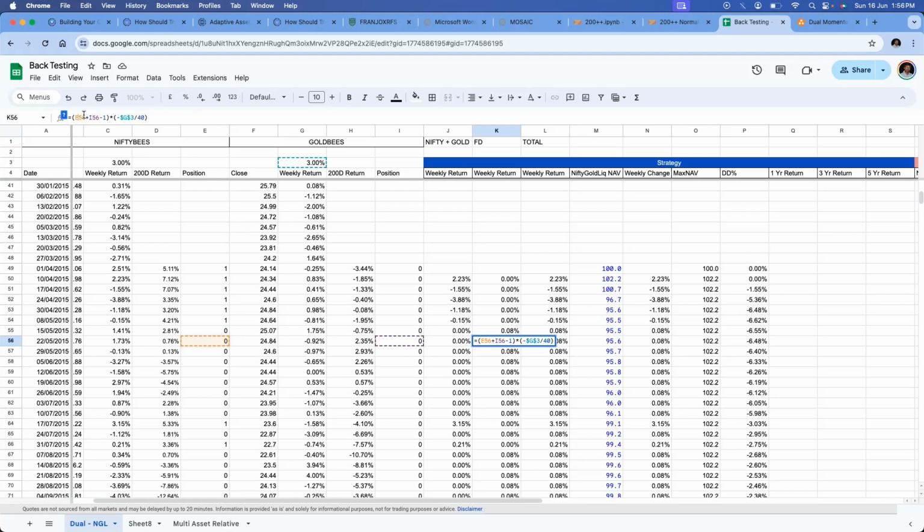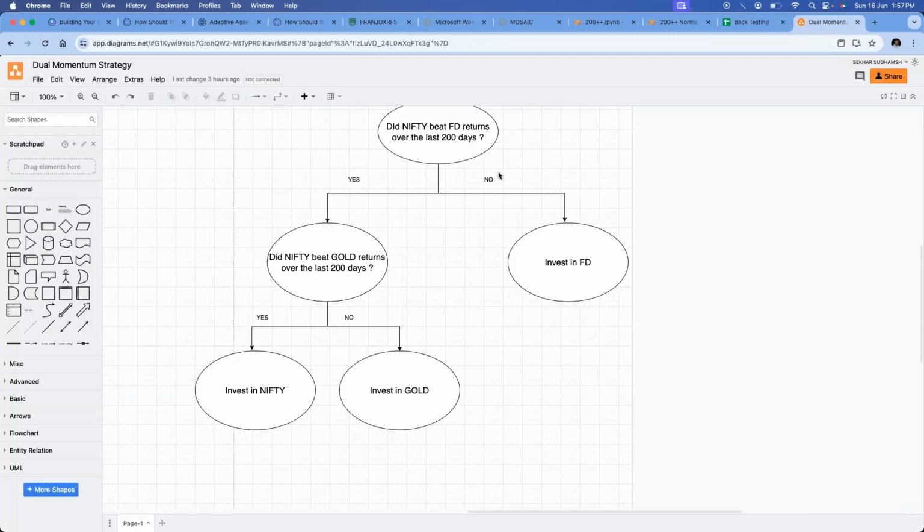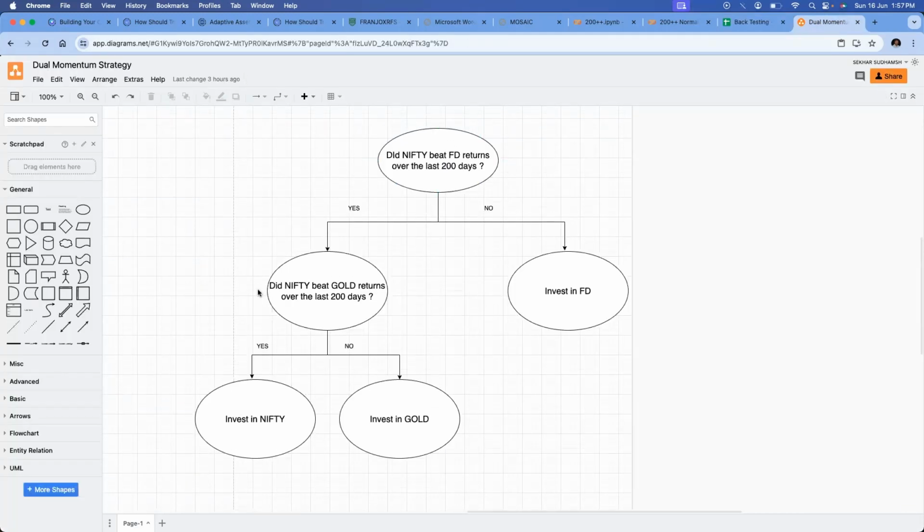Since the signal generated a -1, I need to multiply it with minus to convert it into a positive return. So whenever you see that there is a signal of 0 in Nifty and 0 in gold, you always see that the weekly return of FD is 0.08%. Now, these both are mutually exclusive in nature, because as you can see, this branch is separate from this branch.